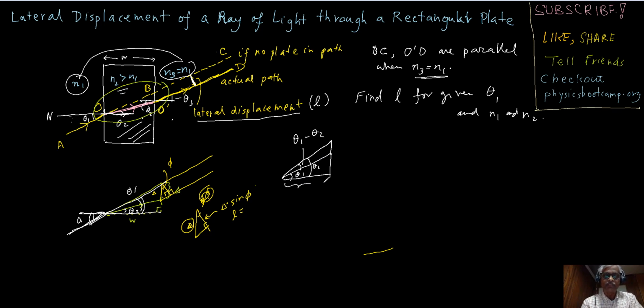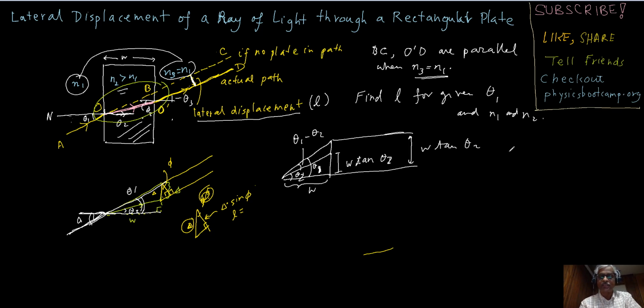So if this is W, then using theta 1, this will be W times tangent theta 1. This is theta 2 down here, and this is theta 1, but this bigger one is angle theta 1. So this will be W tangent theta 2.